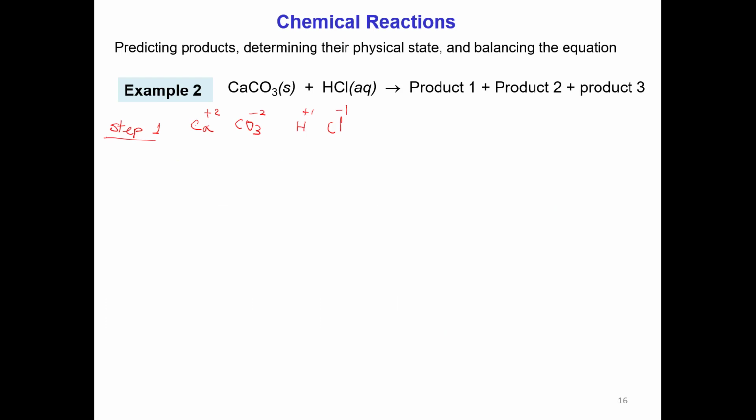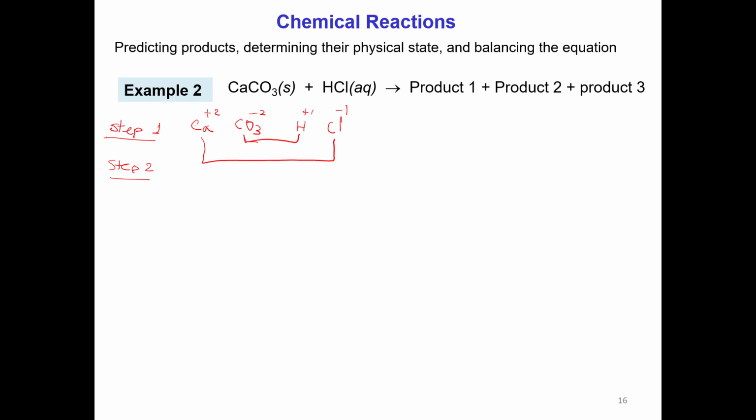Now we need to predict the neutral products. Step 2. We know how they will combine. The positive will be combined with the negative, always, because if both are positive, they will repel. This combined with this one, and this with this.